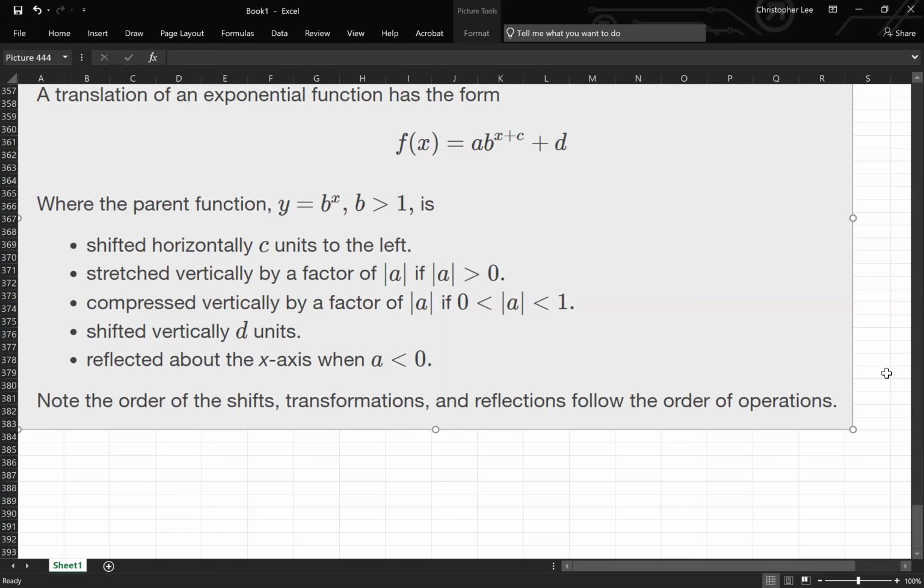D is positive going up, D is negative going down. And we will be reflected about the x-axis if the a term in front is negative. All right. So these are the transformations for the exponential functions, right? Not going to dwell on this because you all know how to do this already. Just wanted to show y'all, right, that they exist.